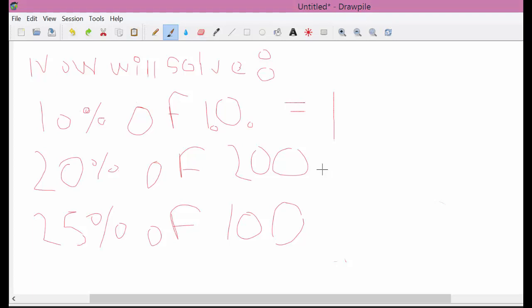Okay, so for 20%: 10% of 200 is 20, so 20% is twice that. Since it's twice, we multiply 20 times 2, which equals 40.